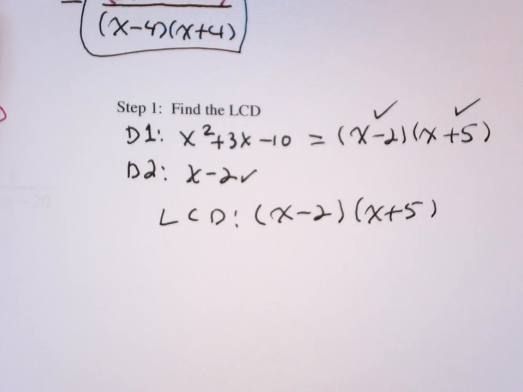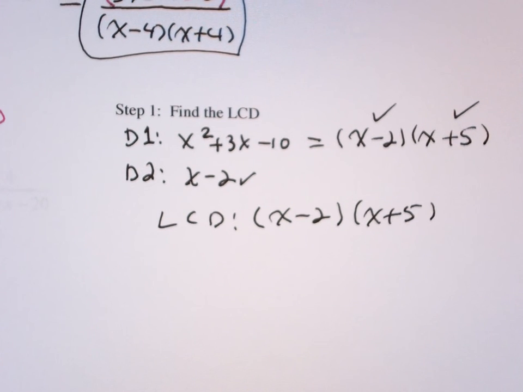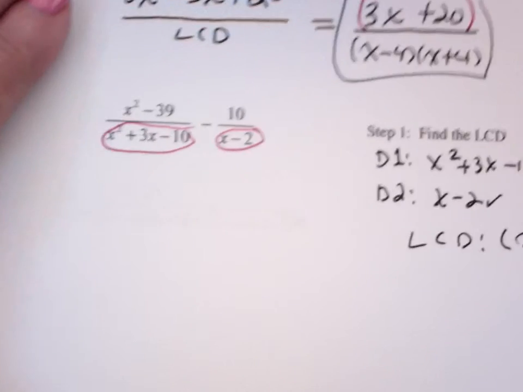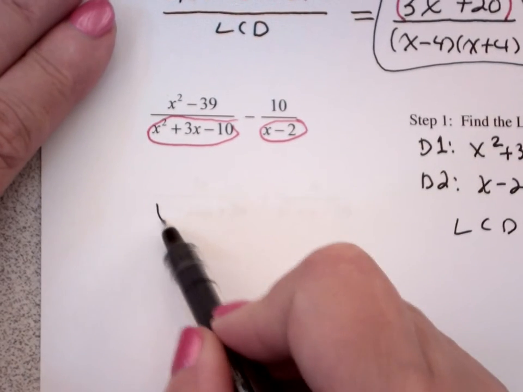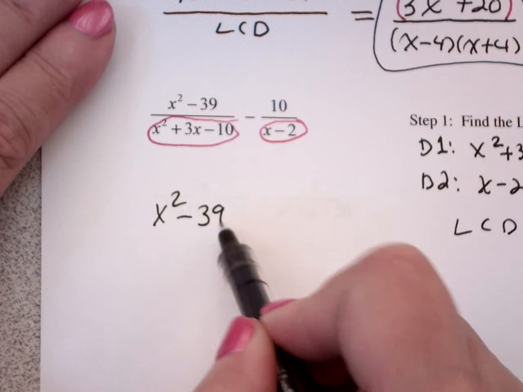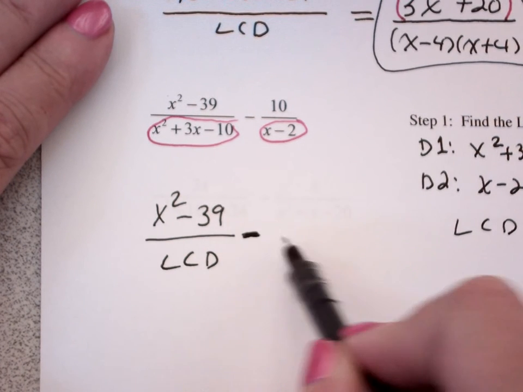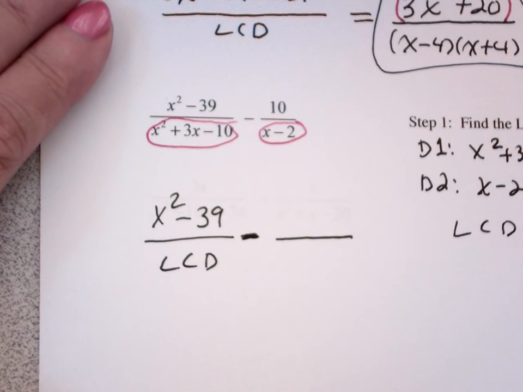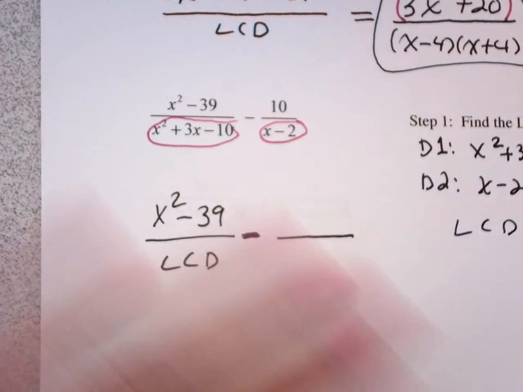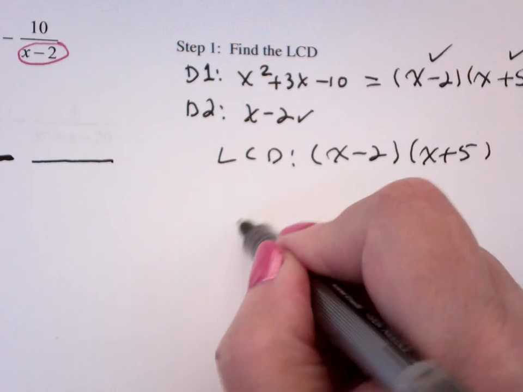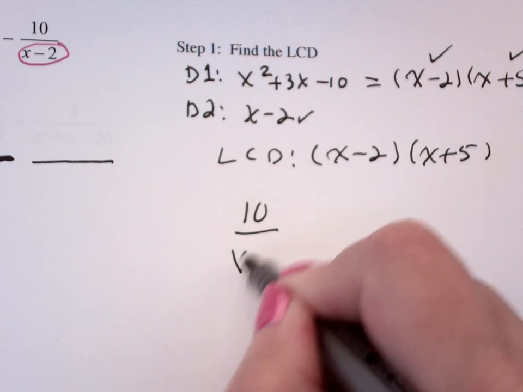So the first fraction is the LCD. So that means I can write this guy as x squared minus 39. This is the LCD. Minus, and then that's going to need to be put over the LCD. Which means I'm going to take 10 over x minus 2.